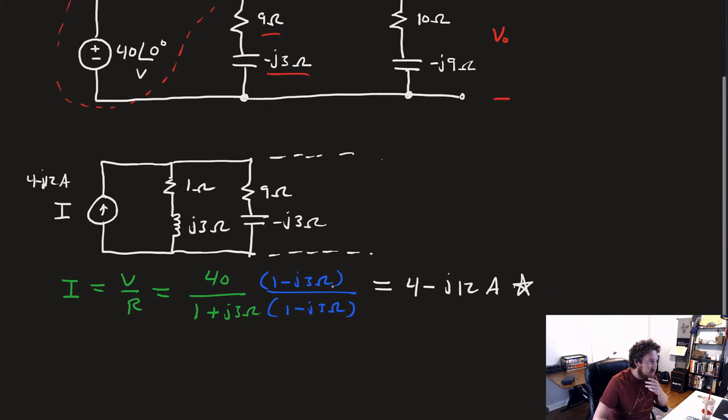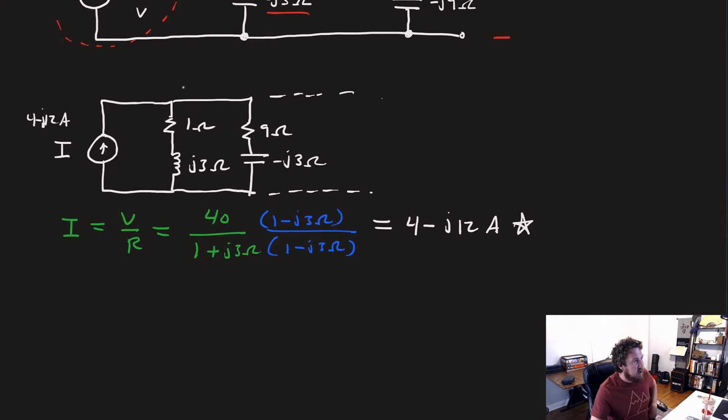The next thing we need to do is find our equivalent impedance by combining these two sets of impedances in parallel. I'm going to call that Z sub n for Norton, since that's going to be part of our Norton equivalent circuit.